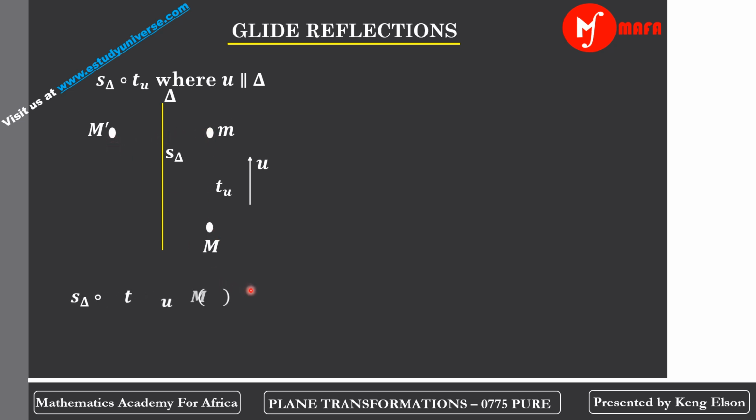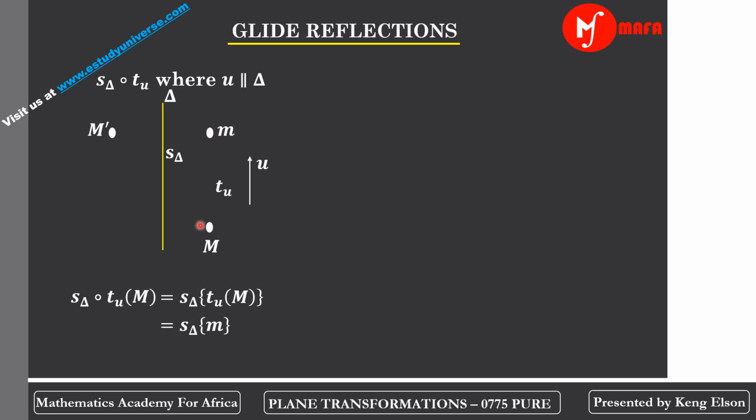Theoretically, what we are saying is that if I compose an orthogonal symmetry whose axis is delta with a translation whose translation vector is U, and I want to find the image of a certain point M, I first of all need to find the image of the point M under the translation with translation vector U, and according to what we have here, that image is the point small m.